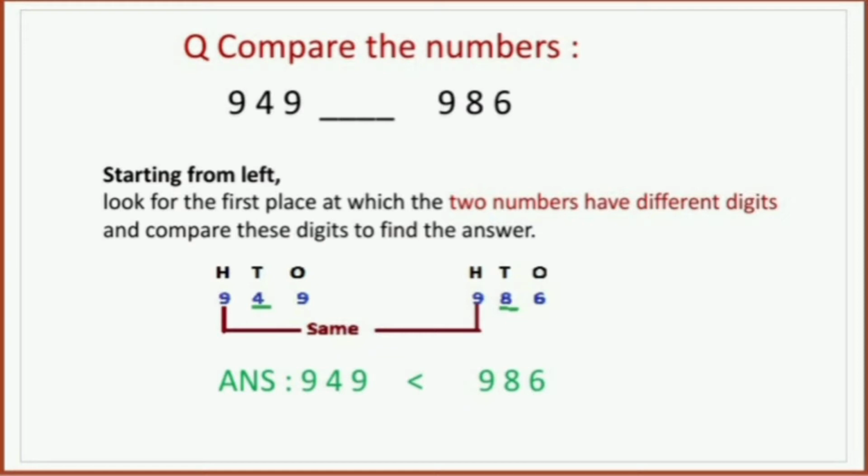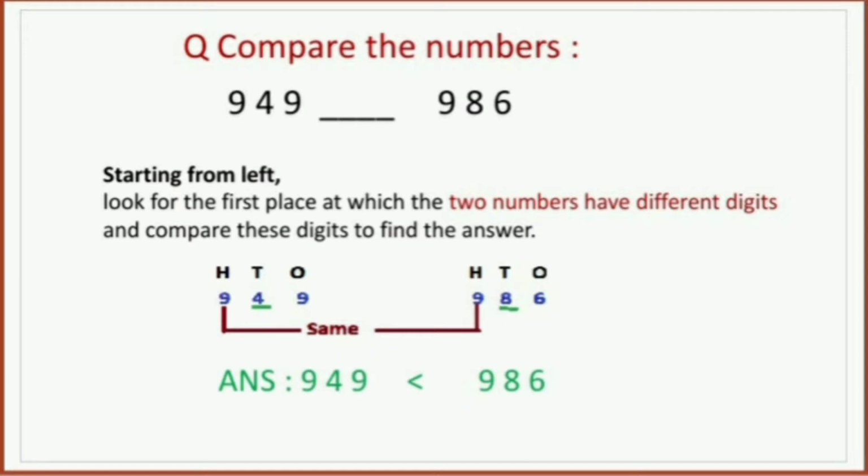So where do they differ? They differ at tens place, where you can see the digits given are 4 and 8. Okay, so here 4 is less than 8. So you have the answer, that is 949 is smaller than 986.